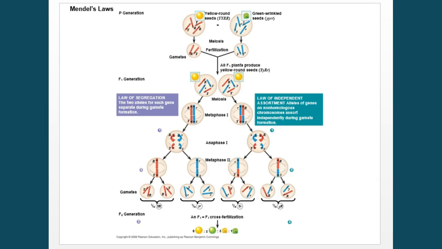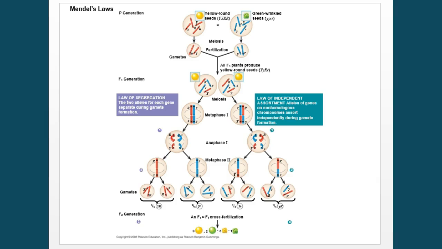Each cell that undergoes meiosis in an F1 plant produces two kinds of gametes. If we count the results for all cells, however, each F1 plant produces equal numbers of all four kinds of gametes because the alternative chromosome arrangements at metaphase I are equally likely.